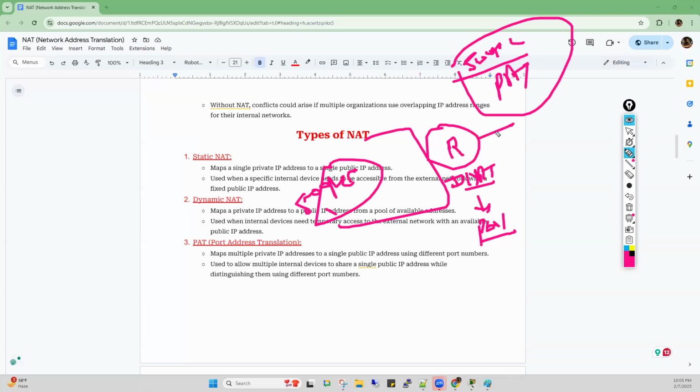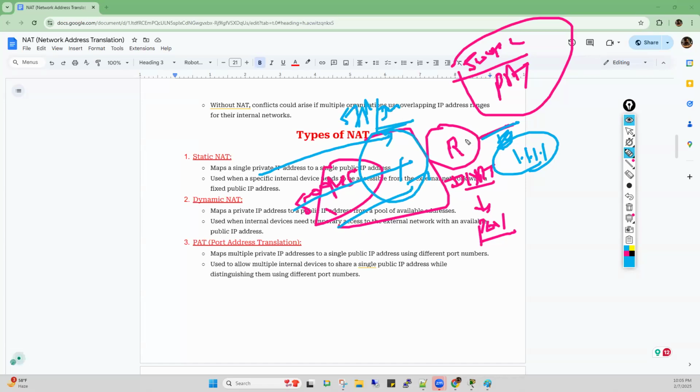Here you do not need multiple IP addresses if you are using PAT. You will use any one public IP address. For example, I configure 1.1.1.1. Now if this router receives any packet, this is the source IP address and this is the private one, this router will convert every private IP address into 1.1.1.1.